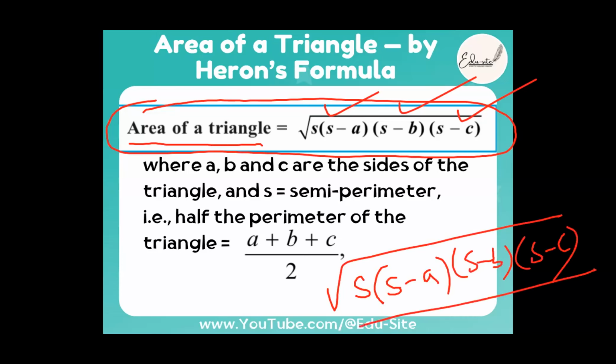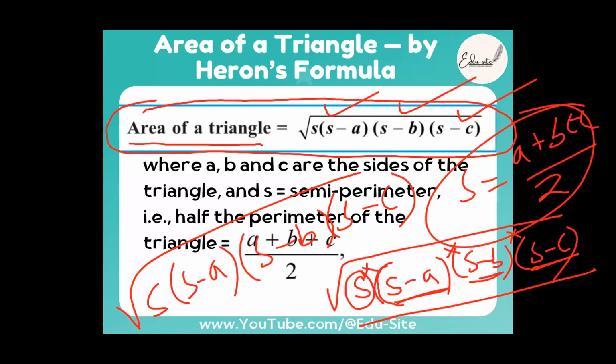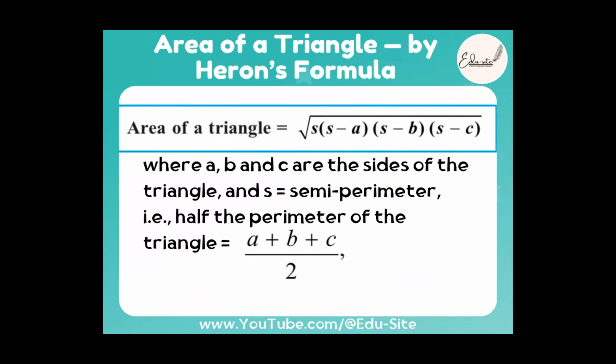It is a product of the semi-perimeter, and the semi-perimeter subtracted with the first side, with the second side, and with the third side, and the product of all of it. So this is root of s multiplied by s minus a, multiplied by s minus b, multiplied by s minus c, where s is equal to a plus b plus c by 2. This is Heron's formula. Fine, Laiba? Okay, I'll just switch to the next slide.